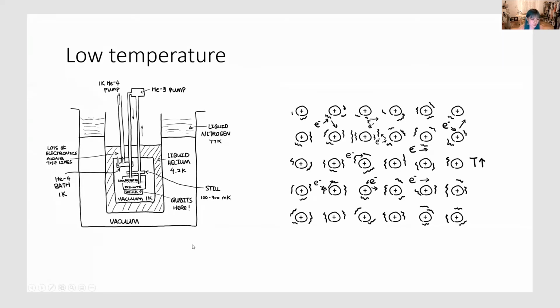You need liquid nitrogen to cool things down to 77 K first, and then cool further down with liquid helium to 4.2 K. That's just the natural liquid phase of these elements at this temperature. But then you can pump your system and have different phases of your helium and keep the very bottom part of the setup extremely cold.